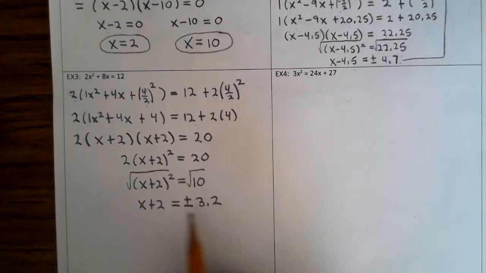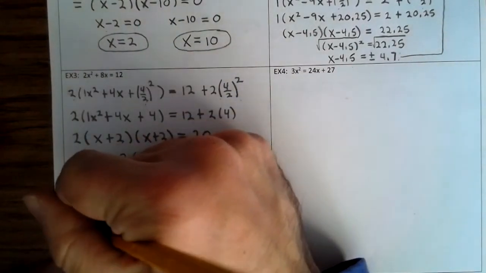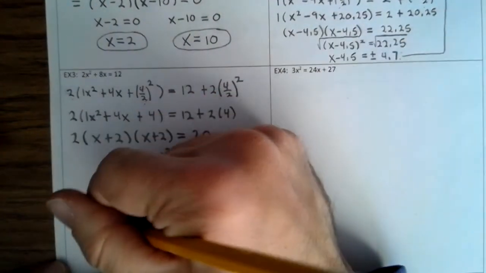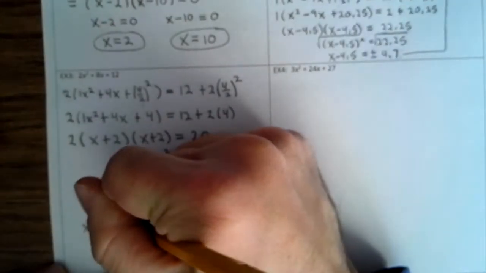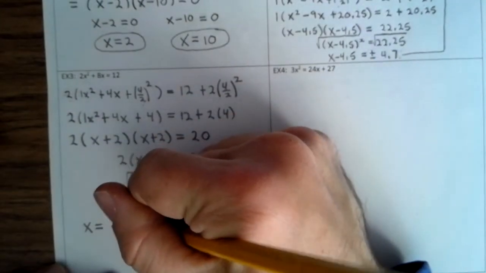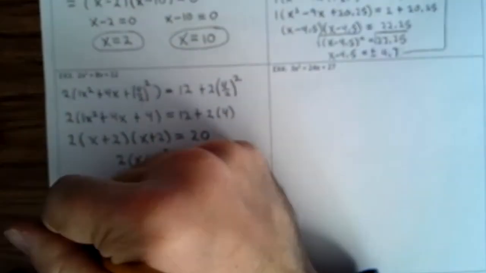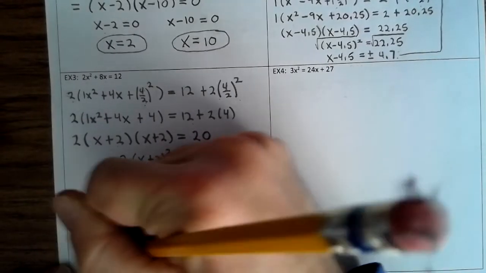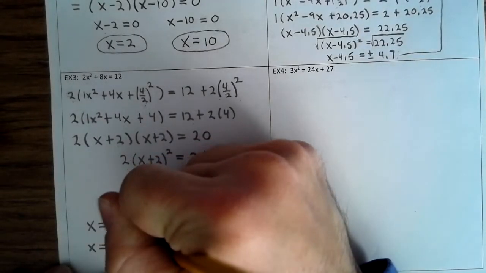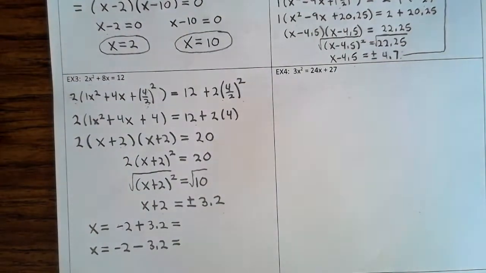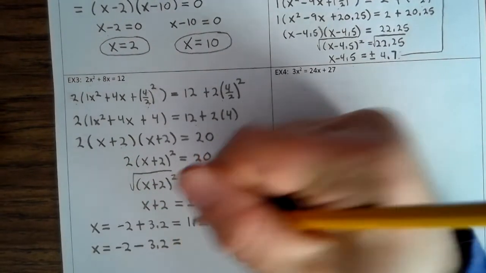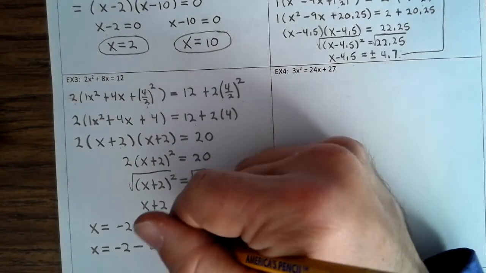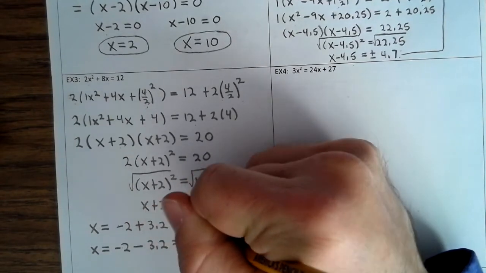Now we need to subtract 2 from both sides. Okay, so that's x equals negative 2 plus 3.2, and x equals negative 2 minus 3.2. So x equals 1.2 and x equals negative 5.2.